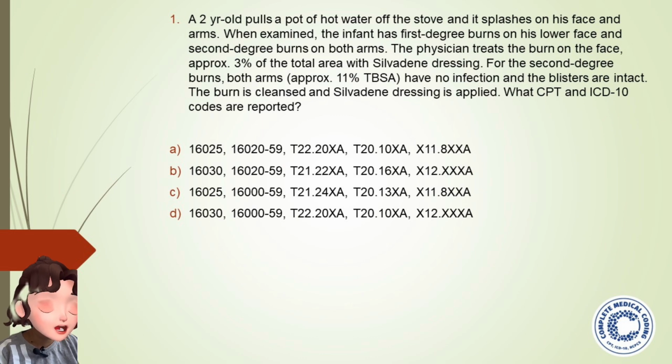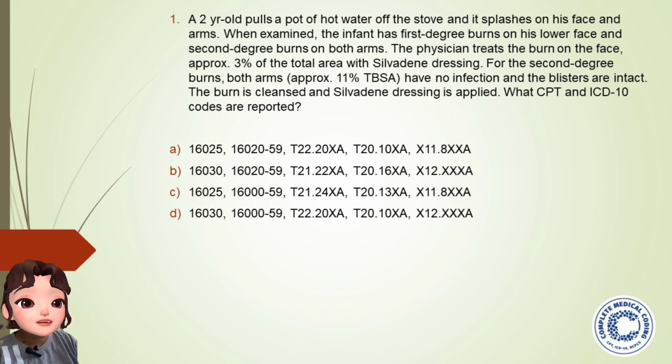Why modifier 59? It's a distinct procedural service, right? Because one is in the arm and one is in the face. So we will append modifier 59. This is how we need to check the burn codes.